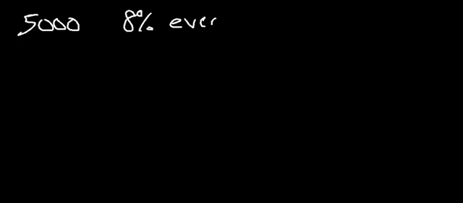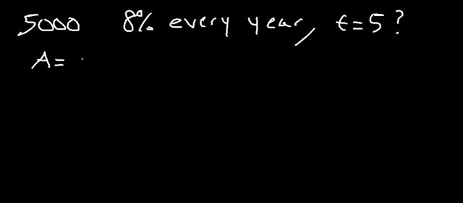Now let's say you get another problem where the population is 5,000, and the population grows at a rate of 8% every year. What is the population going to be after 5 years? To design the equation, you need to use this.